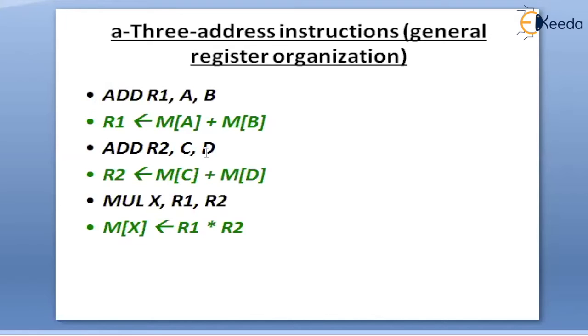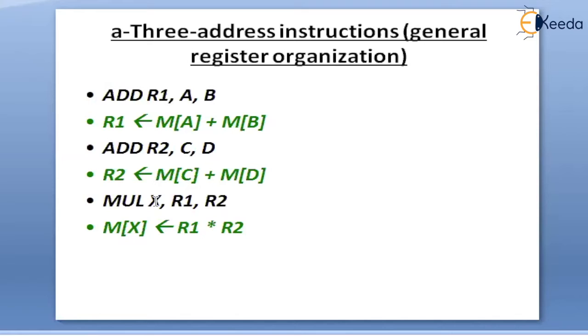C and d will get added and transferred to r2. That means r1 has a plus b, r2 has c plus d. Then I will perform mul x comma r1 comma r2. These r1 and r2 will get multiplied and transferred to x.